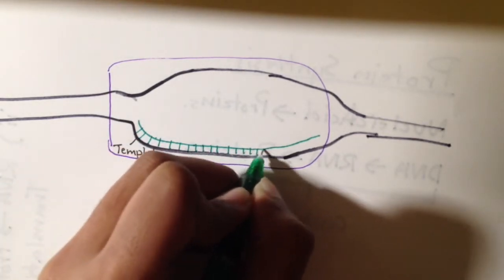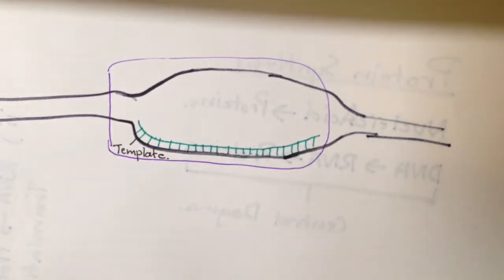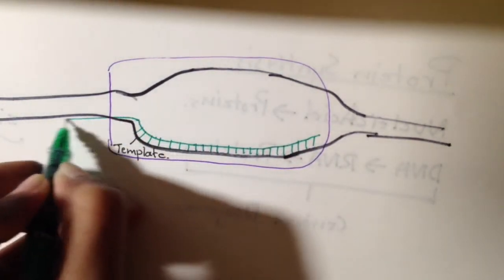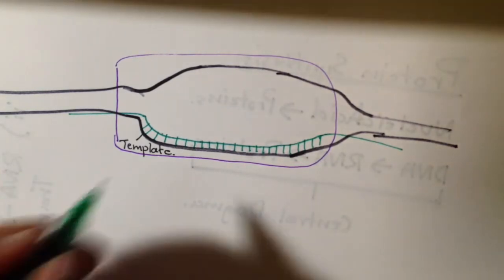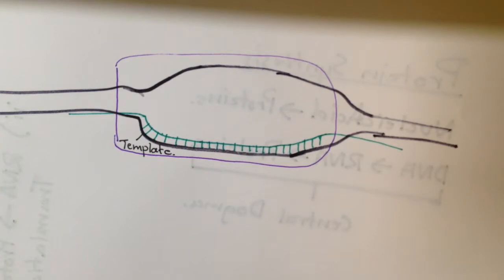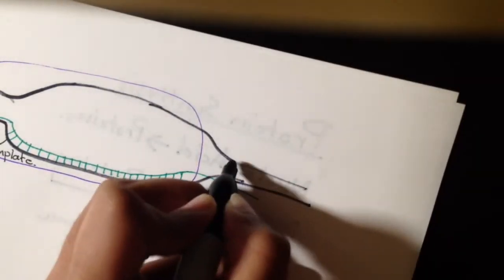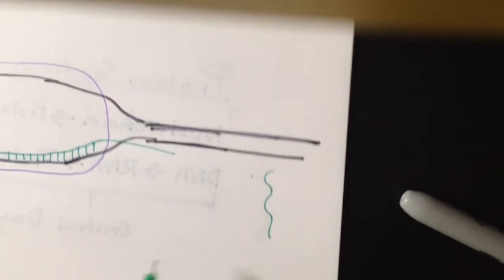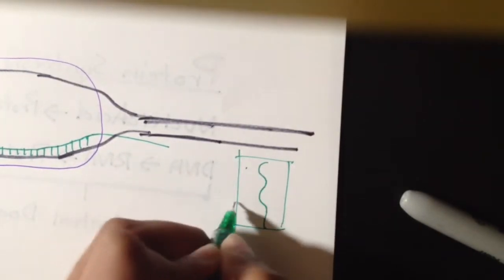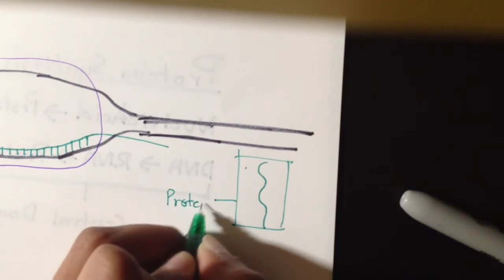So basically what this mRNA does is it copies the chain in the gene and it leaves. So now you have, by the end of transcription, a regular code of DNA plus a strand of mRNA, which now has the code for creating the protein.